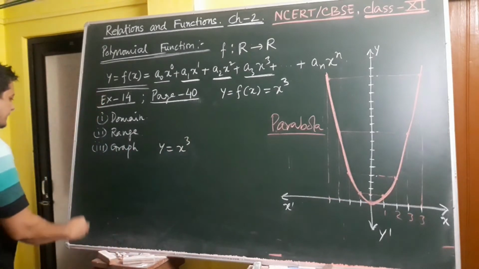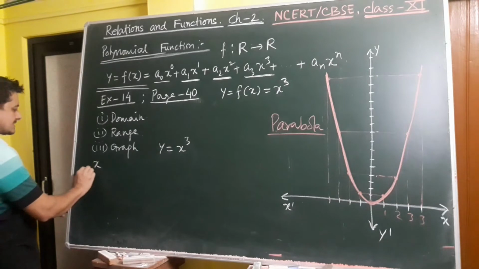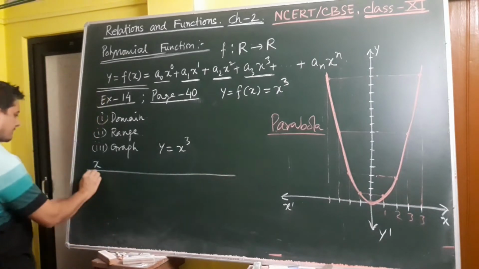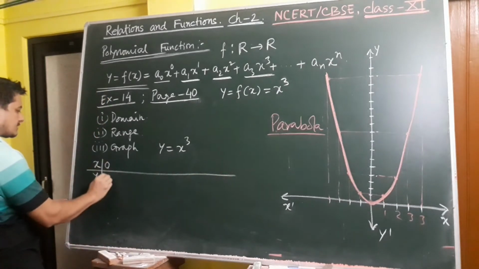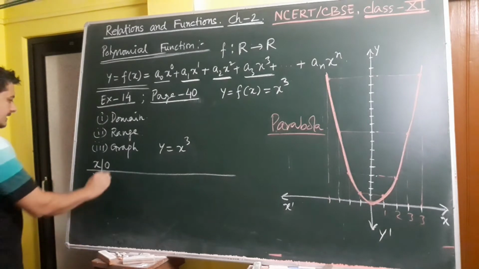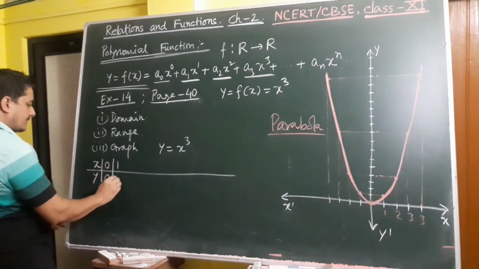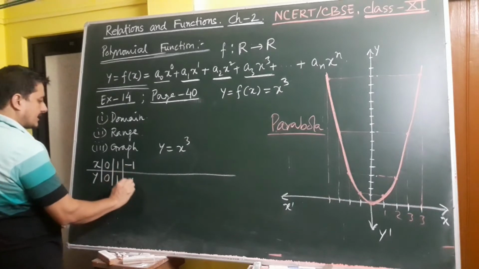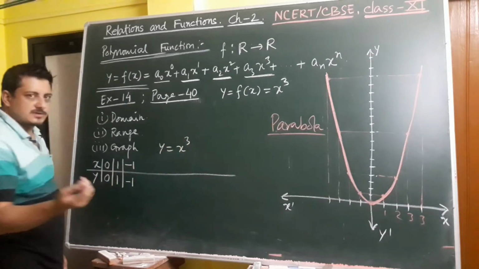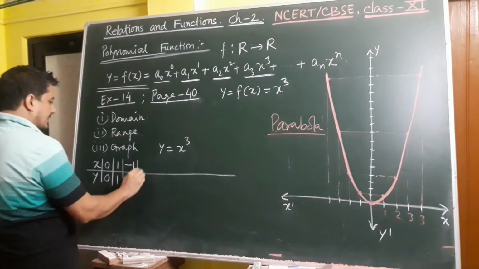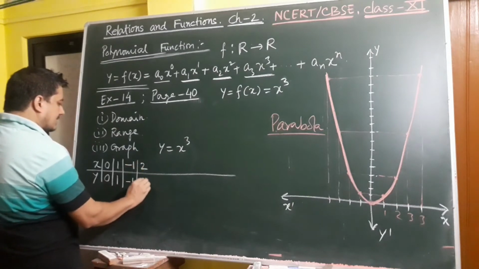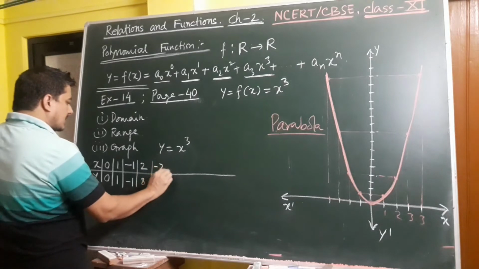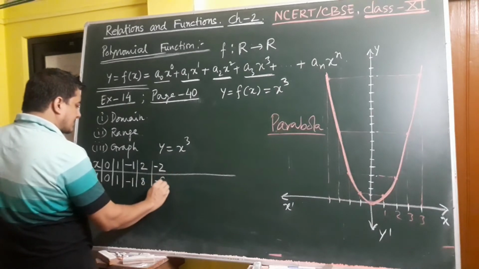So if I prepare the table now, so x, then y. So for 0 it will be 0. Okay, then for plus 1 it will be 1. Then for minus 1 it will be minus 1. So minus 1 cube is minus 1 only. Then plus 2 it will be 8. Then minus 2 it will be minus 8.